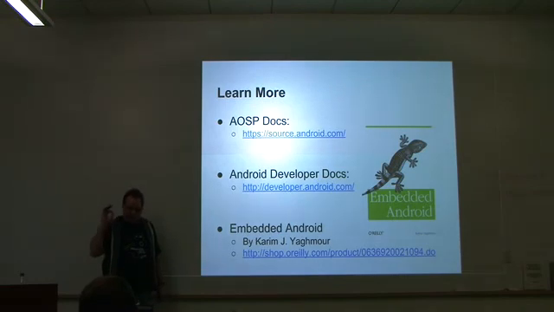But I would say 80–90% of what is in there is still good, valid information, especially in terms of understanding the big picture of how all the pieces fit together. So if you are interested in going further with this, I highly recommend getting a copy of Embedded Android and reading it thoroughly, because it will orient you in ways that I could not in an hour and 30 minutes. It'll save you a lot of time.